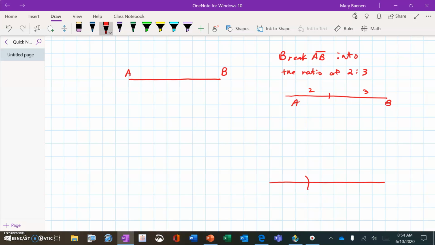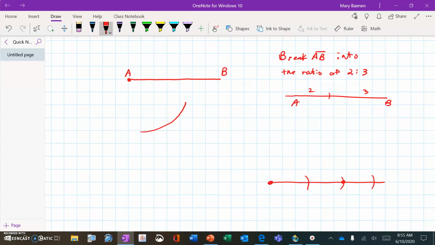So I'm going to chop off 1, 2, 3 units. Okay, now I'm going to open up my compass from here to here, so that would be 2 units long. I'm going to stab in at A, and with that compass opening of 2 units, I'm going to create an arc from A.